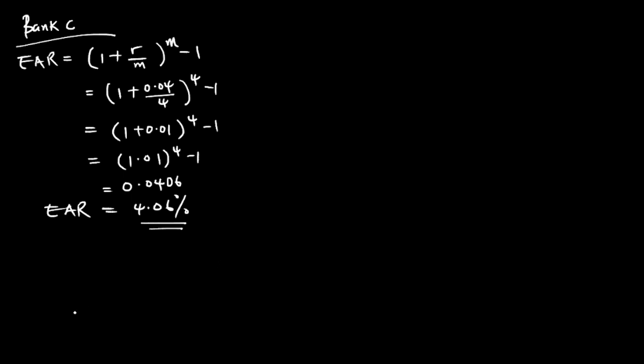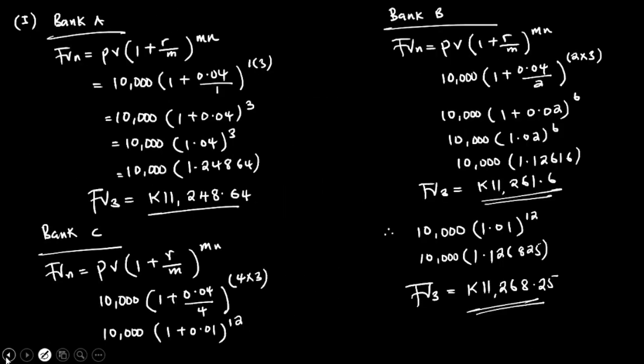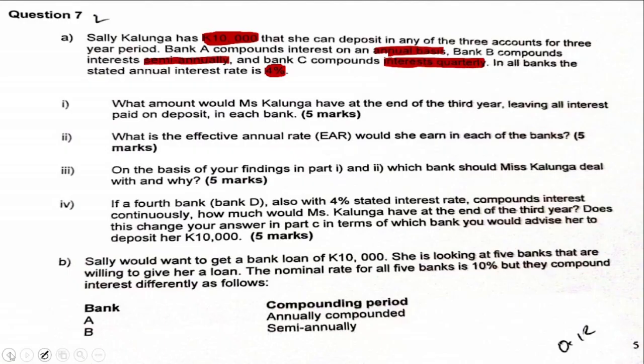So what is question A3 saying? The question says, based on your findings in part 1 and part 2, which bank should Miss Kalunga deal with and why?